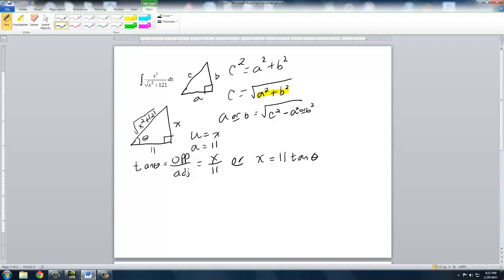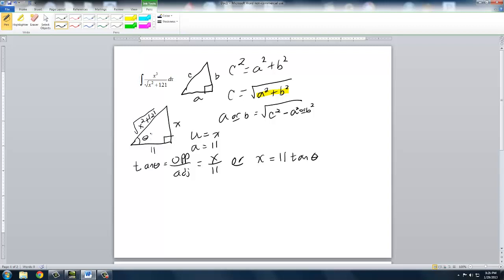Now we have x cubed, so we're going to put this in for x. We got that replaced. Now we need to replace the whole square root. Don't use the x; use the 11 and theta. This is dealing with the hypotenuse and the adjacent side. Some people would think we're going to deal with cosine.